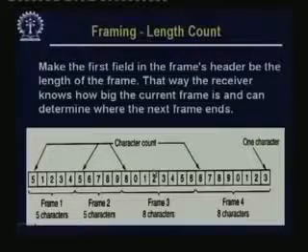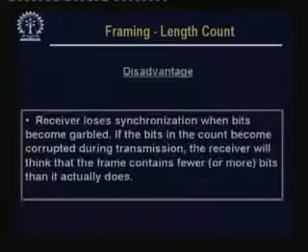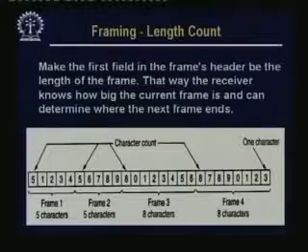One is framing by length count. Make the first field in the frame's header be the length of the frame. That way the receiver knows how big the current frame is and can determine when this frame ends. So, if frame 1 is 5 characters, you write 5 over here, so 1, 2, 3, 4, 5 characters.